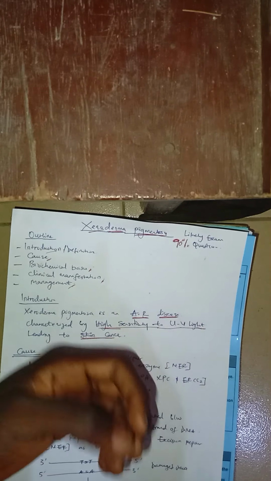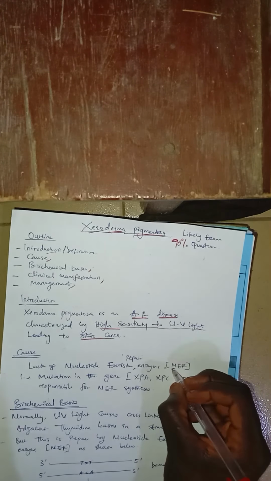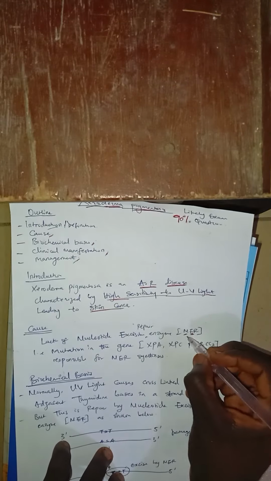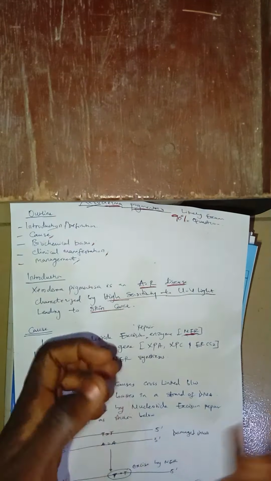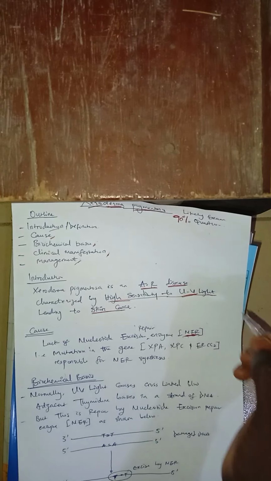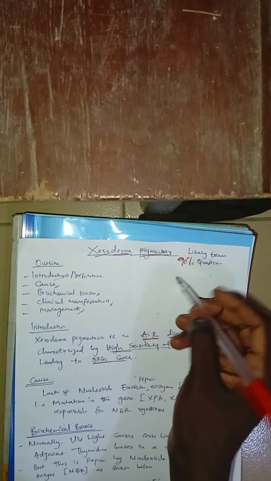However, when they form this dimer, the cell has a mechanism of correcting this mutation, and that is called the nucleotide excision repair mechanism. So this repair mechanism will help to repair that damage caused by the ultraviolet light. If this is not there, that's when the person will come down with Xeroderma pigmentosa.